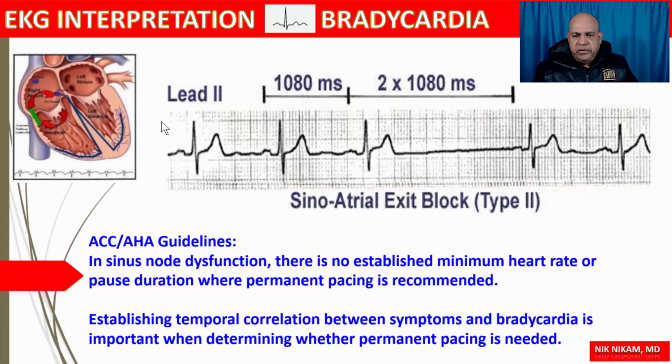However, in certain conditions, the activation of the sinus node impulse may not come out of the sinus node. As a result, the atria fail to receive any signal from the sinus node, and that results in what is called sinus exit block. This is what we are seeing here.